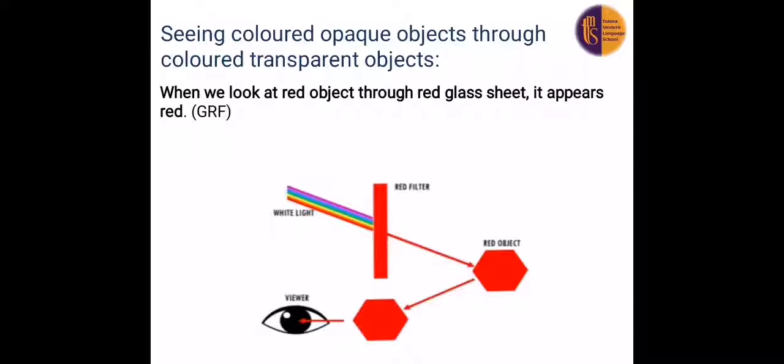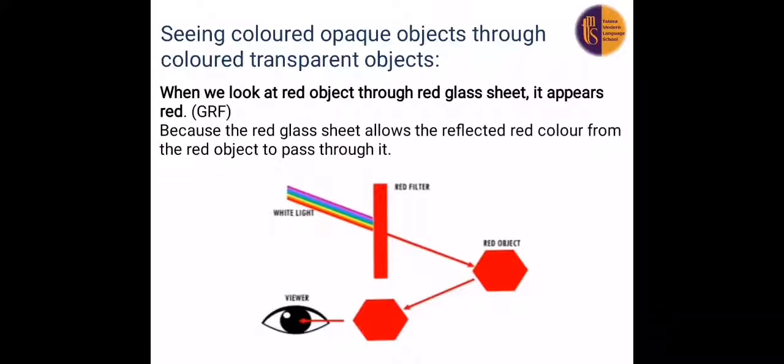Why? Because the red glass sheet allows the reflected red color from the red object to pass through it.